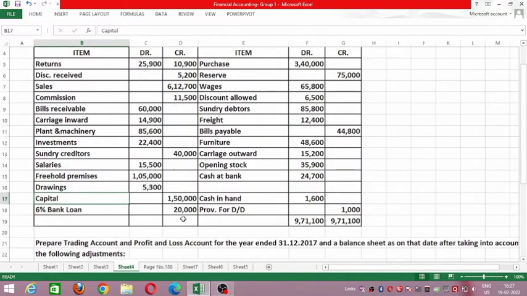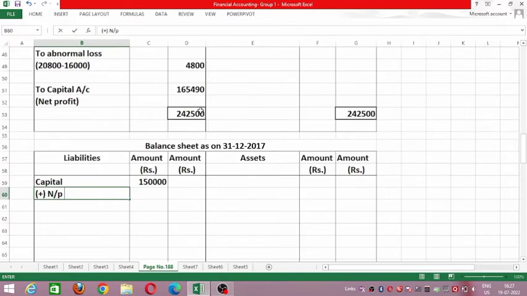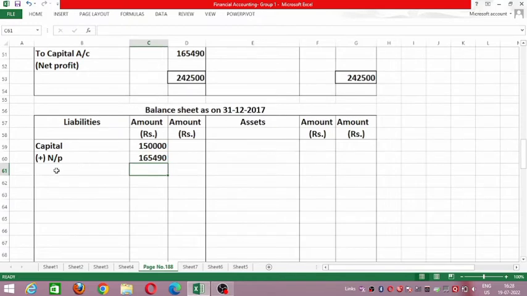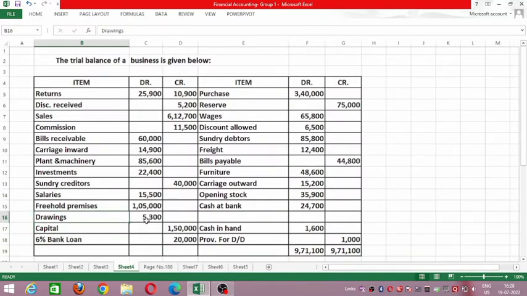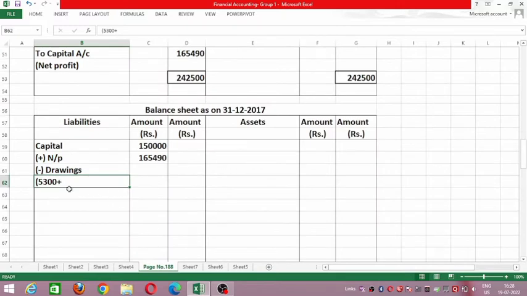Capital amount is 1,50,000. Add net profit amount, 1,65,490. Less drawings. Drawings amount they have given in the particulars, 5,300, plus in adjustment also they have mentioned that goods drawn for personal use 2,100, that also we need to deduct here.